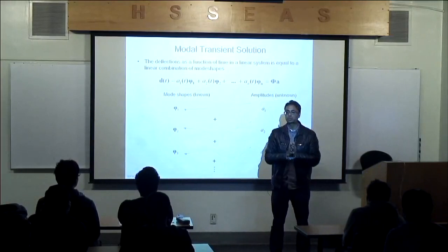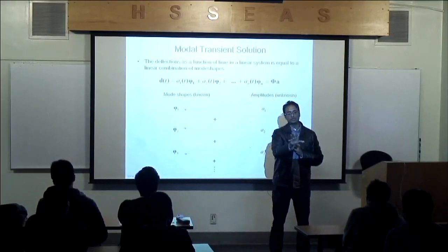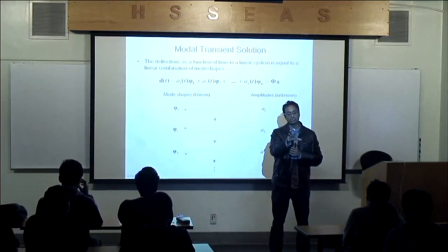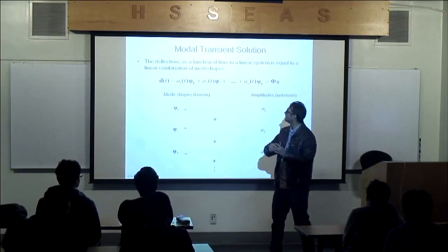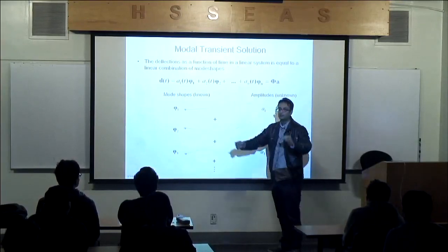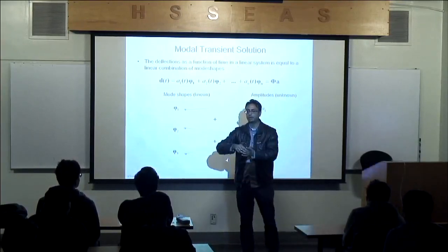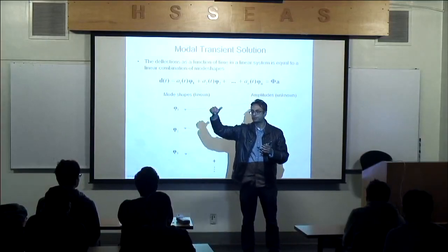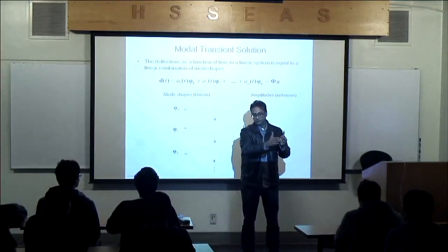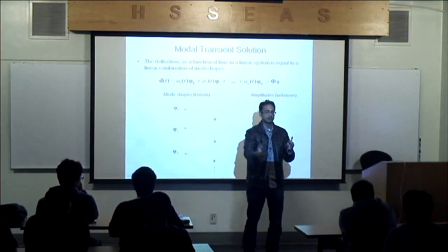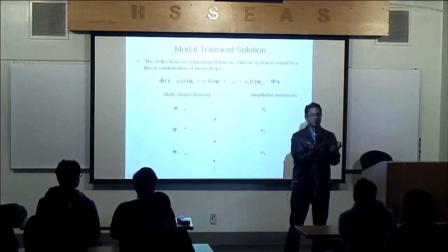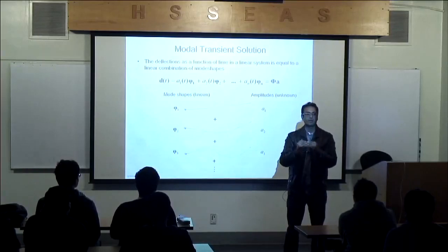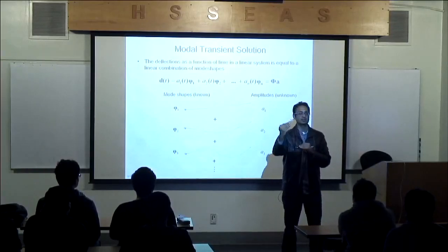So I found these mode shapes from my frequency analysis, and this is the information I have of the structure now. And what I'm going to basically tell you is that in a linear transient modal analysis, what we're trying to say here is that the deflection of the beam upon a forcing function, the deflection of the beam subject to some loading condition, that deformation is going to be made up by a linear combination of these modes.